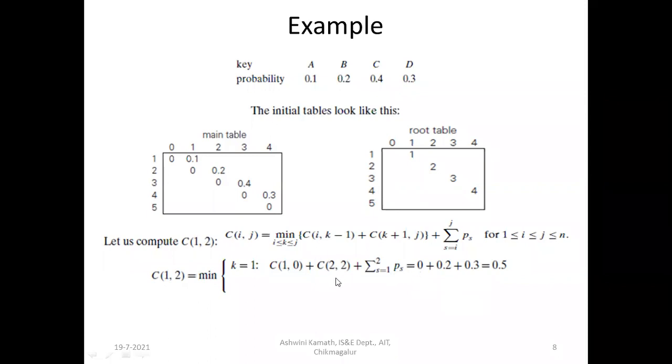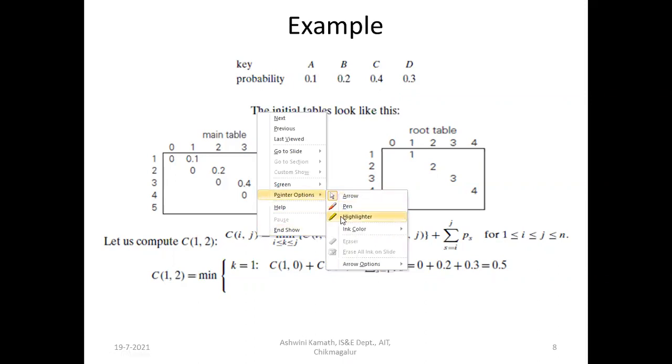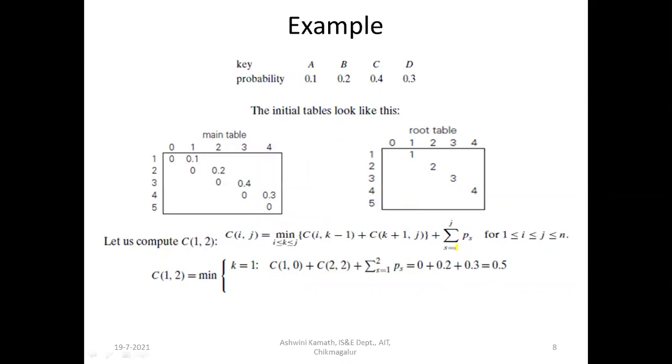Here you can notice C of 1, 0. What is 1, 0? It is 0. What is 2, 2? 2, 2 is 0.2. And here we need to add the probability. The i value is 1 and the j value is 2, so from 1 to 2 we have to add the probability. 0.1 is the first one and 0.2 is the second one.